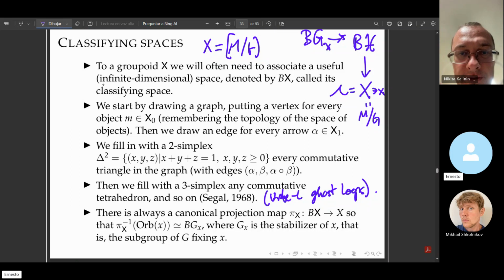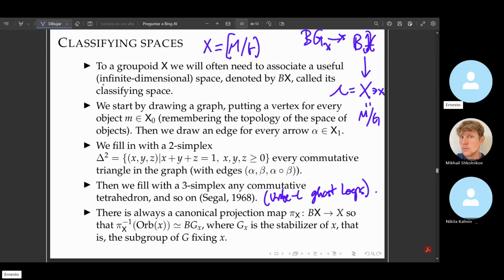Well, again, if I have the orbifold, and I take its classifying space of these groupoids, then I have a map that goes to just the quotient space.